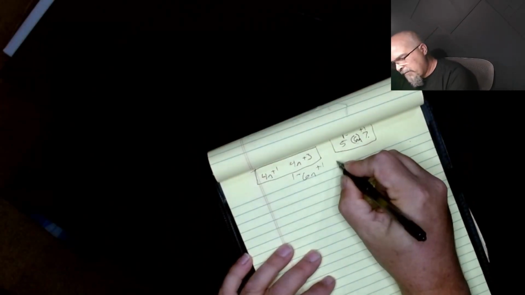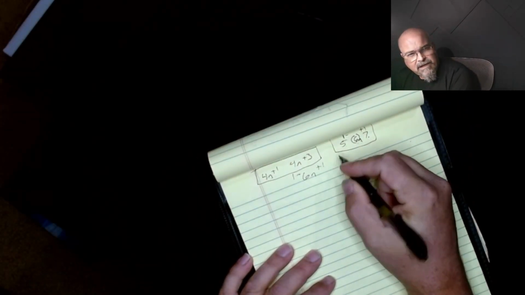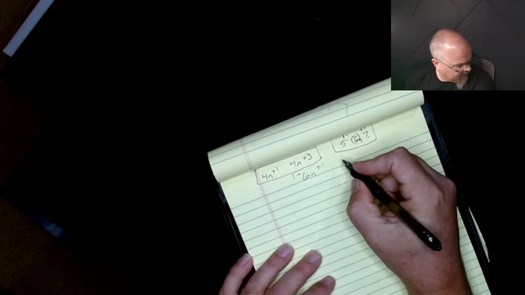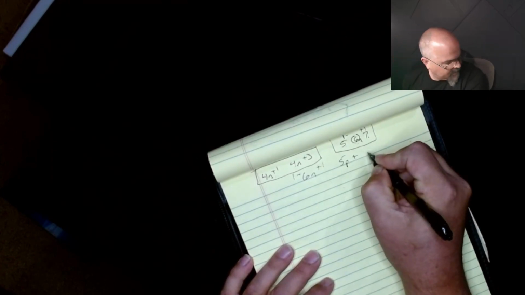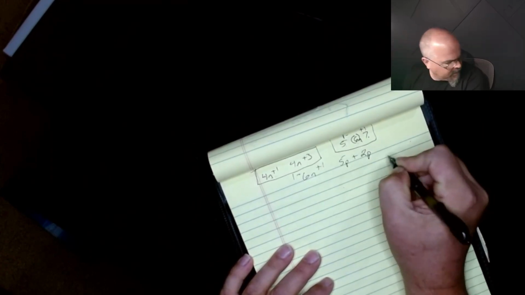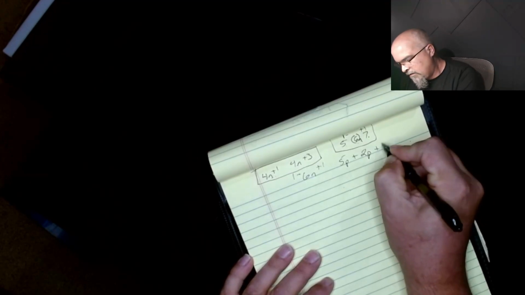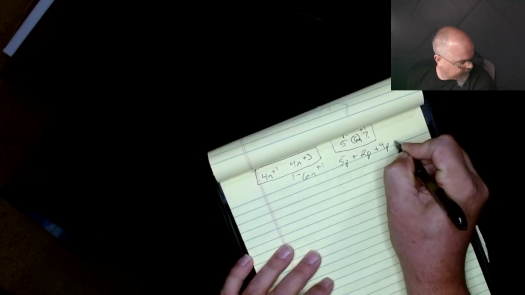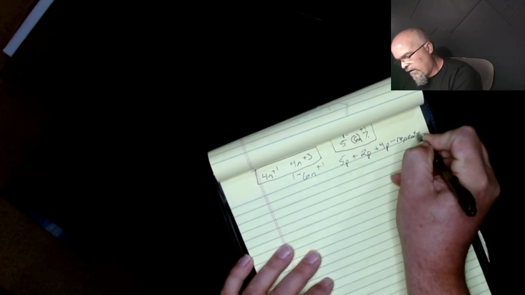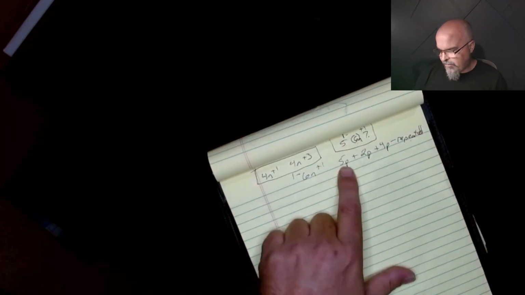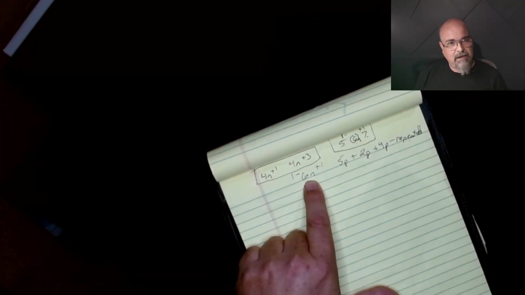You have to, in order to take some prime symmetrical numbers that aren't actually prime, you need to include 5p plus 2p plus 4p repeated. And this will remove all of the non-prime numbers, or what I call prime symmetrical numbers, from 6n plus or minus 1, leaving only primes.